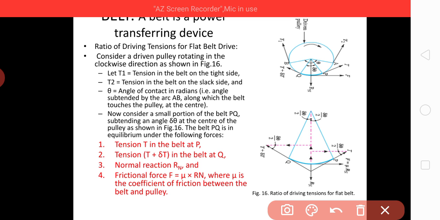Let T1 be the tension in the tight side and T2 the tension in the slack side. Theta is the angle of contact in radians. This is the angle of contact, this much. This is theta basically, because the belt is in contact up to this. After that it is free.